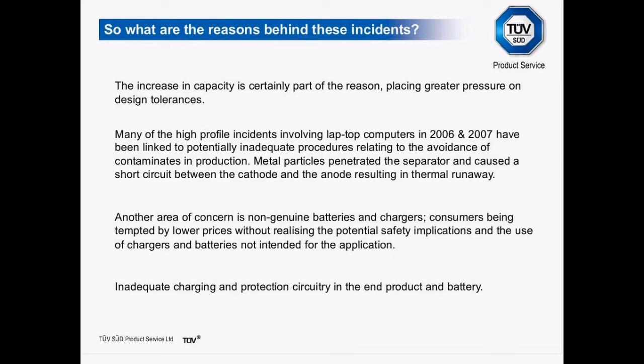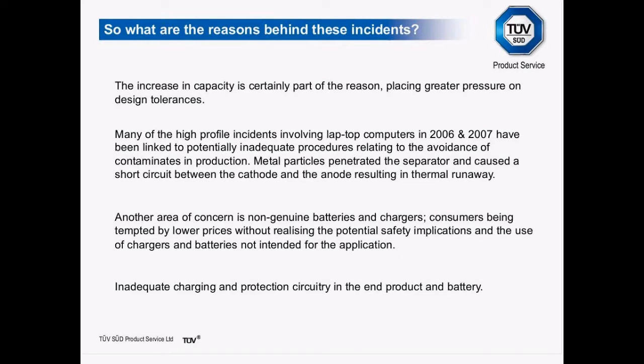Many of the high-profile incidents involving laptop computers in 2006, 2007 were linked to potentially inadequate manufacturing procedures, whereby contaminants were introduced into the production process. These were metal particles which penetrated the separator and caused an internal short circuit between the cathode and the anode, which resulted in thermal runaway.